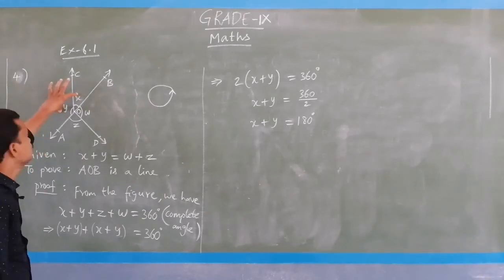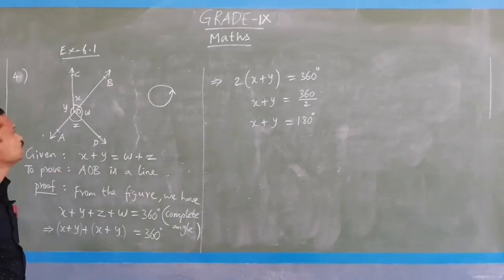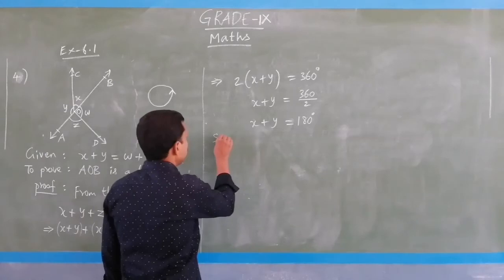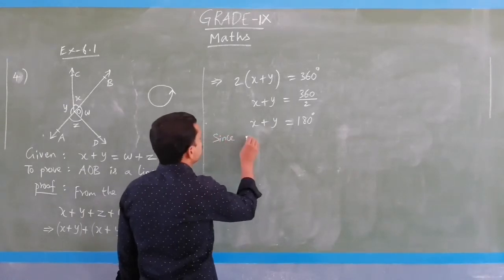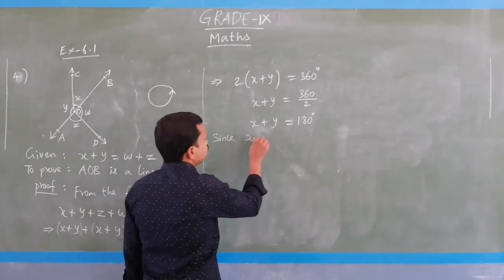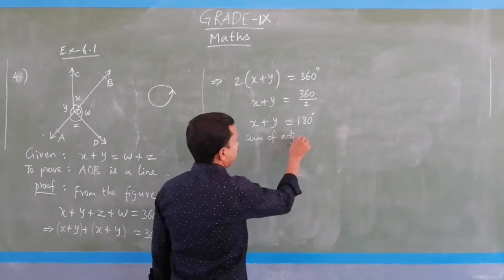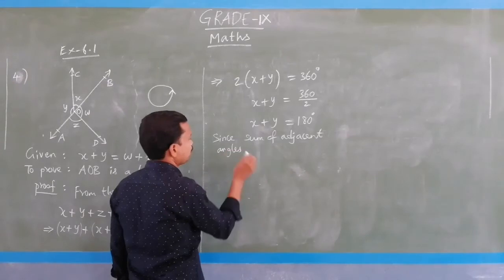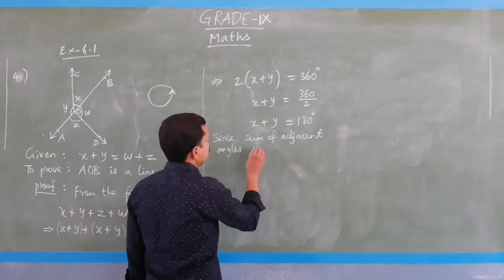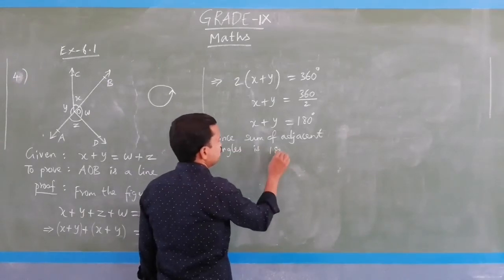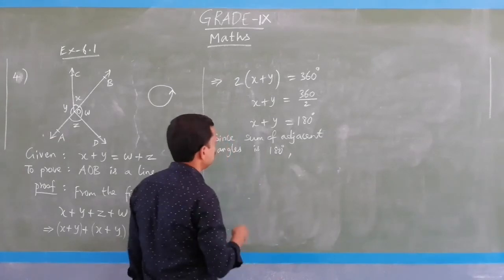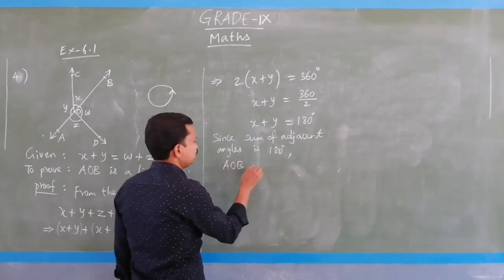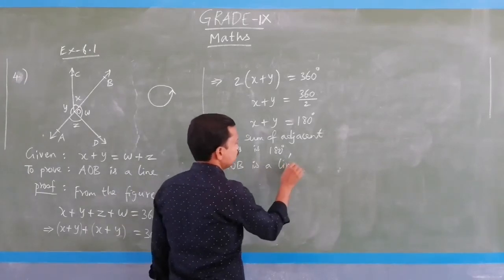A linear pair of angles is nothing but what we get from a line only. So, since the sum of adjacent angles is 180 degrees, AOB is a line.